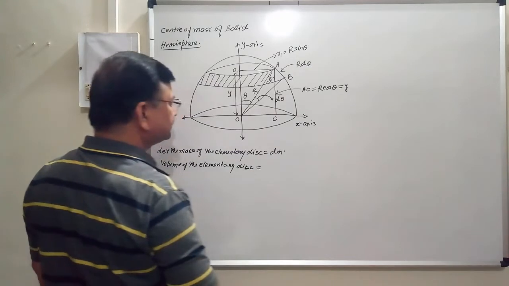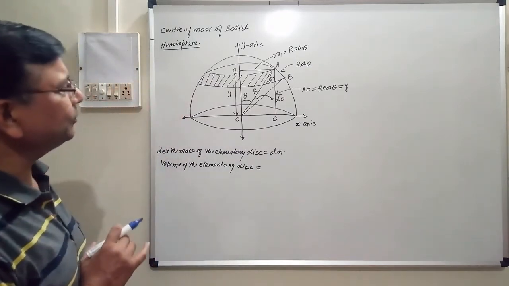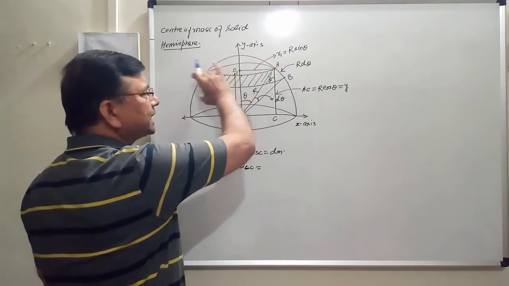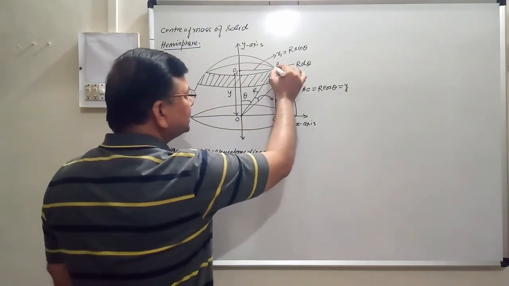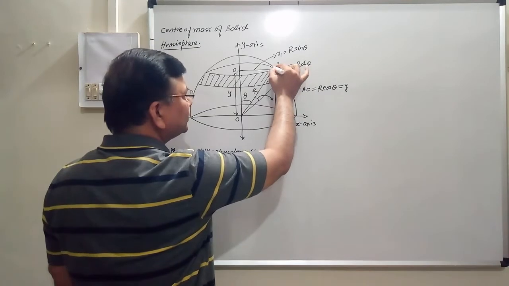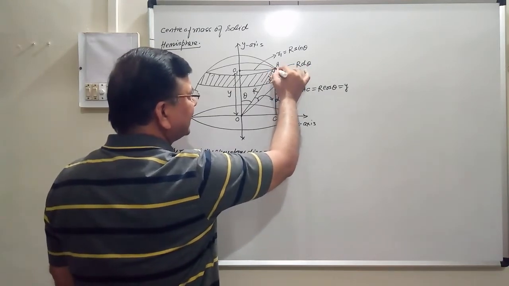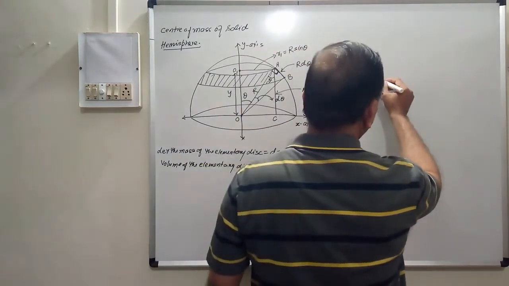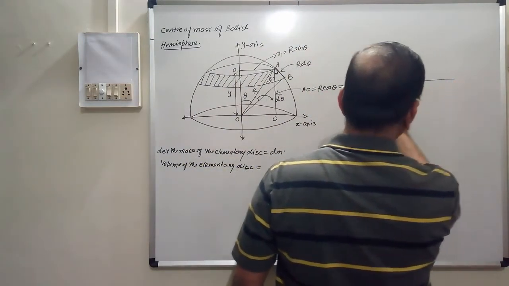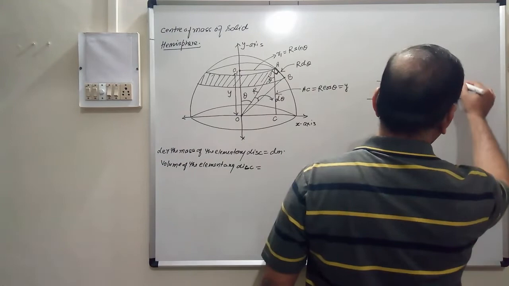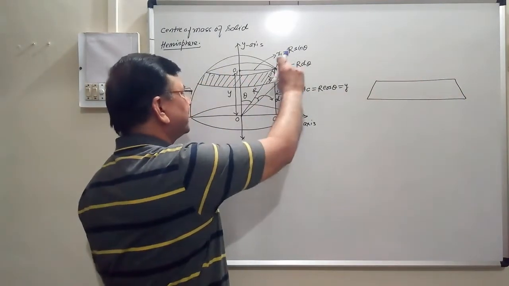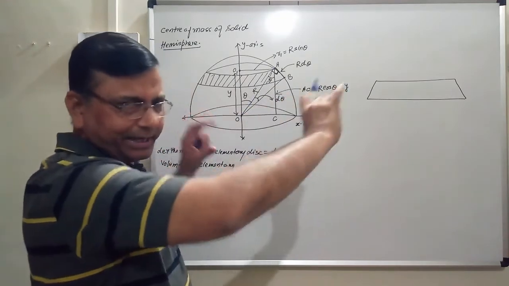Is equal to what? To understand exactly what the volume is, I will make this section separately, because since it is very small, it is almost straight, and this is 90 degree. So I will make a separate figure for that, and then we will understand. I have taken this part. It will look straight if you take the section.